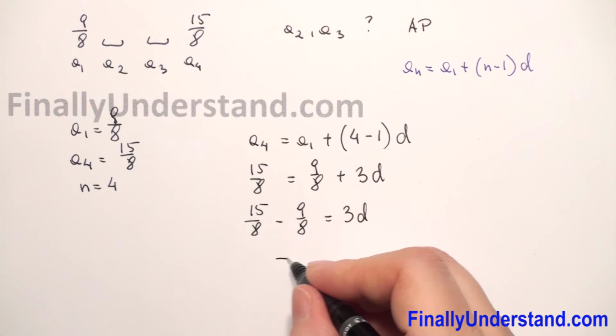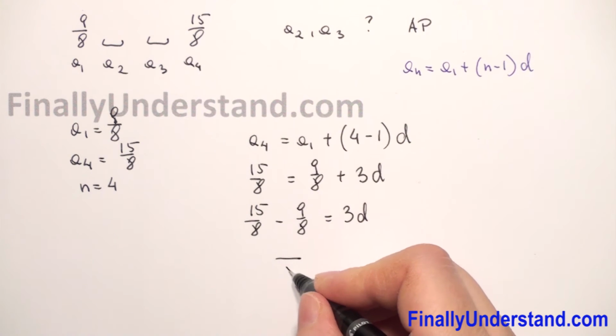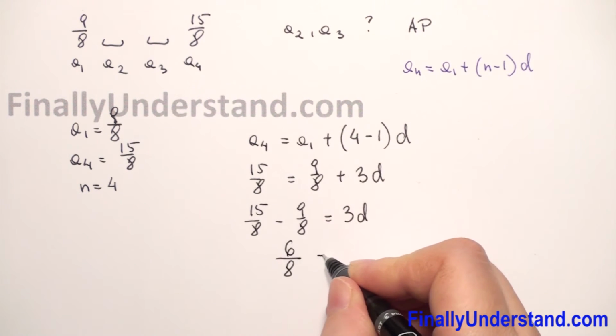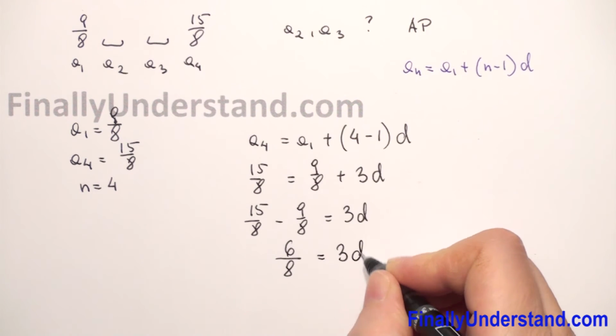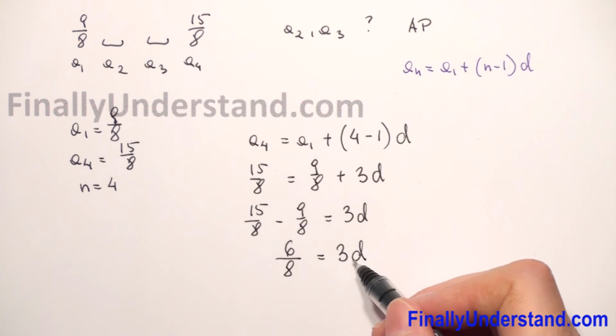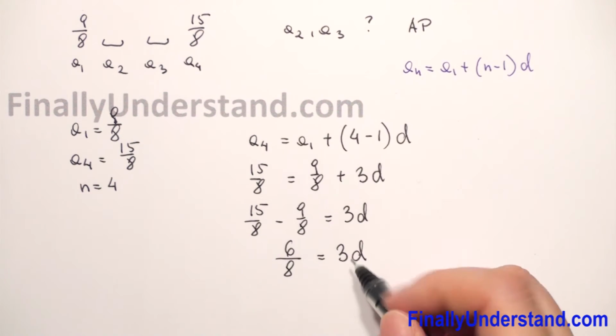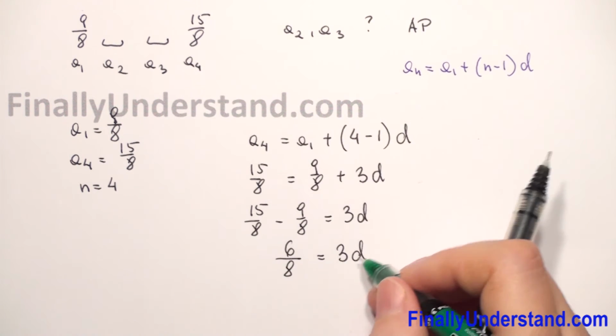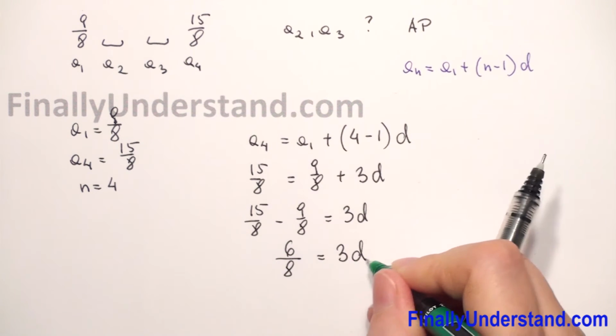In the subtraction of fractions, the denominators are the same, so we copy the denominator and subtract the numerators: 15 minus 9 is 6. This is equal to 3d. Because we need to find d, we will multiply both sides by 1 over 3 to reduce this 3.